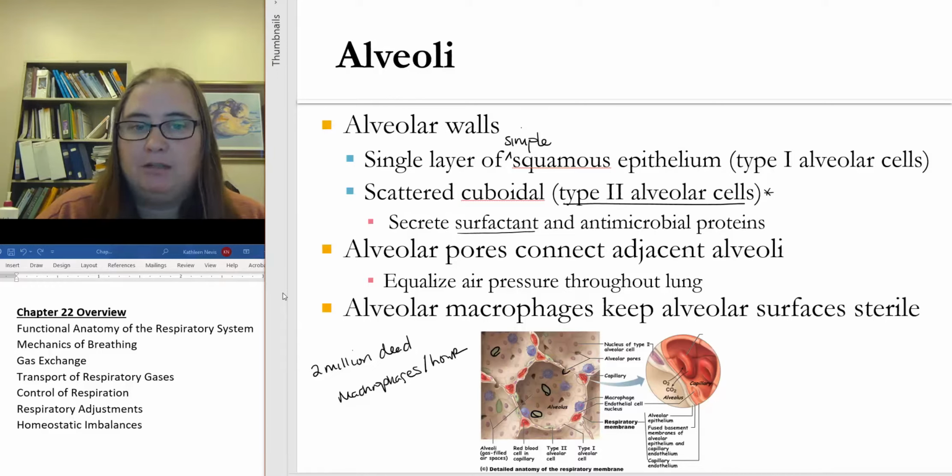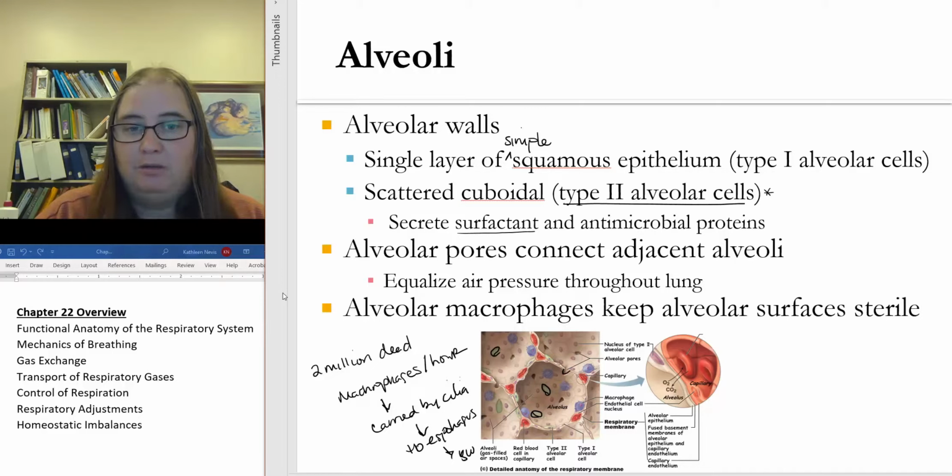And what happens is these are then carried by cilia up the conducting zone to the esophagus and then swallowed. Pretty crazy, huh?